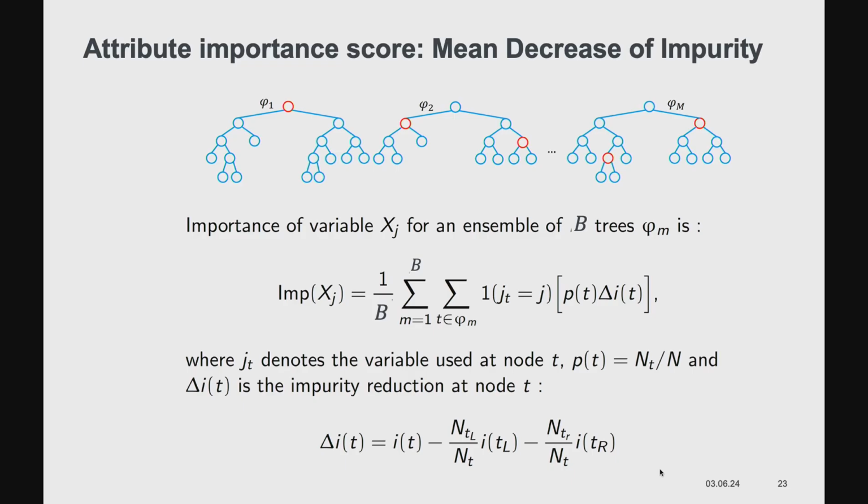Here it might be here or there or there. And I look at what is the probability of ending up here in this node, and what is the impurity reduction in this node. The impurity reduction is something I computed during construction.